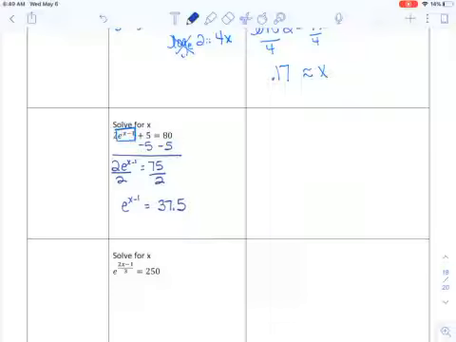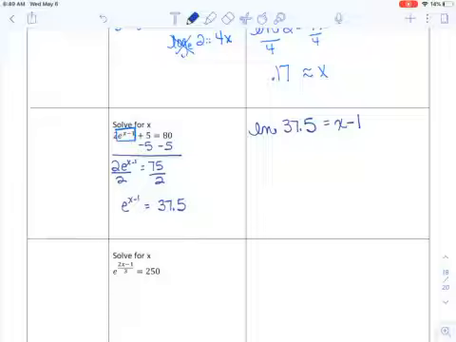I don't like this in exponential form because I don't have those powers of e memorized. It's not like the powers of 2 or 3 or 4 or 5 that we're getting pretty good at. So I'm going to put this in log form. So log base e, but we don't write log base e, so I'm going to go straight to natural log of 37.5 equals x minus 1.